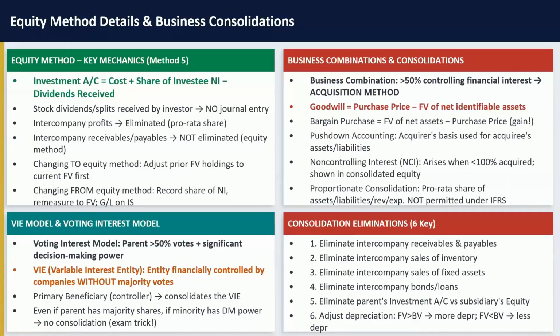Now, I can't record any net income changes. Okay. So, in the previous entries, before changing from the equity method, I used to record the share of net income. I should reverse all those transactions. I should remeasure back to fair value. Okay. And any gain or loss will be recorded in the income statement. When you sell, you'll incur this gain or loss, right? That will be recorded in the income statement.